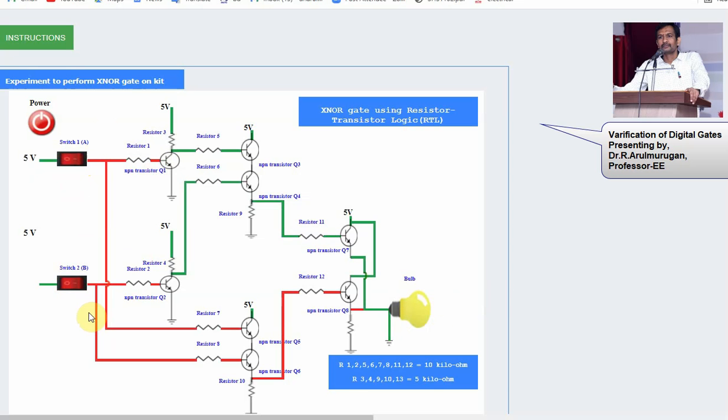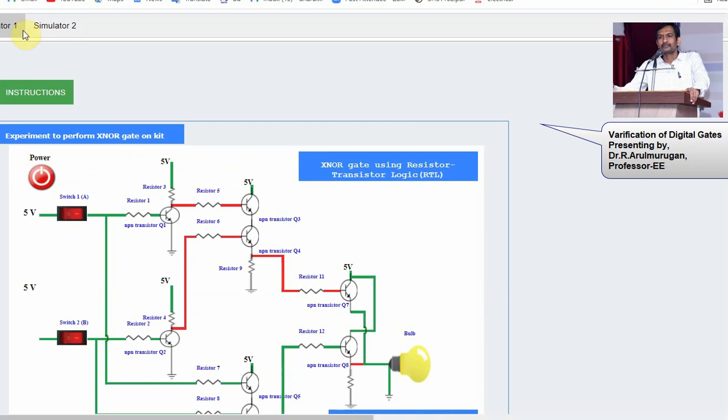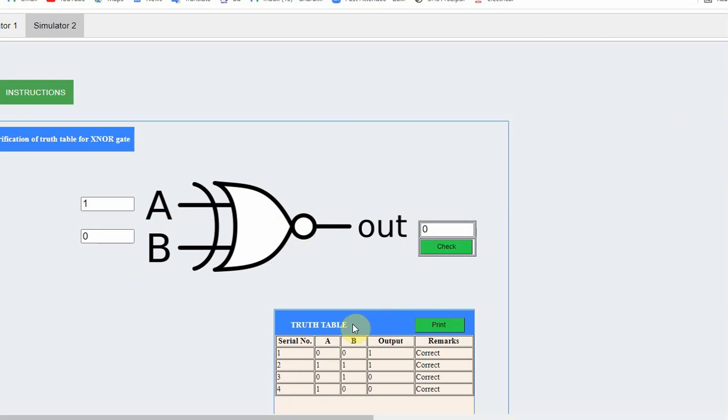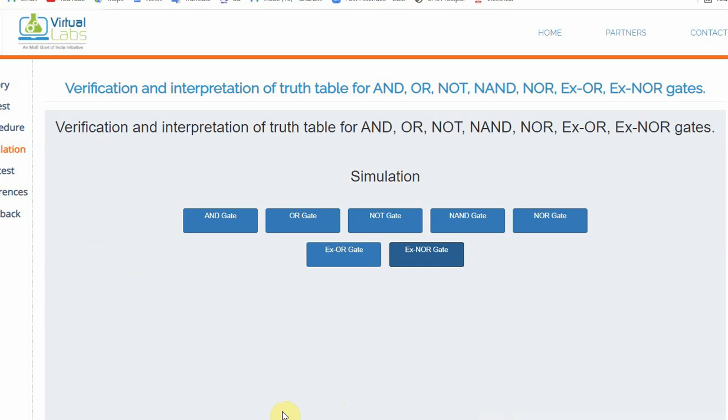In the simulator, 0 0 on. Correct. 1 1 on. 0 1 off. 1 0 off.